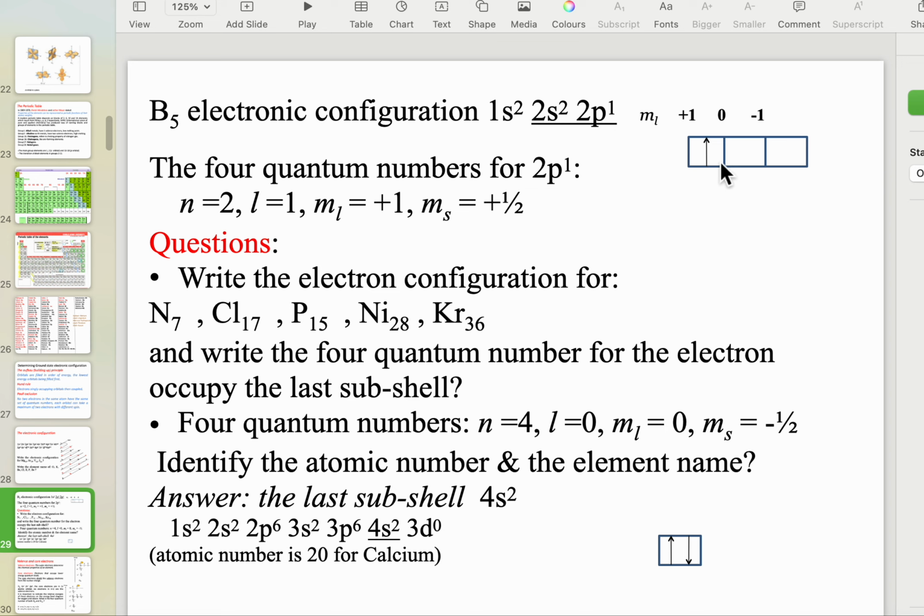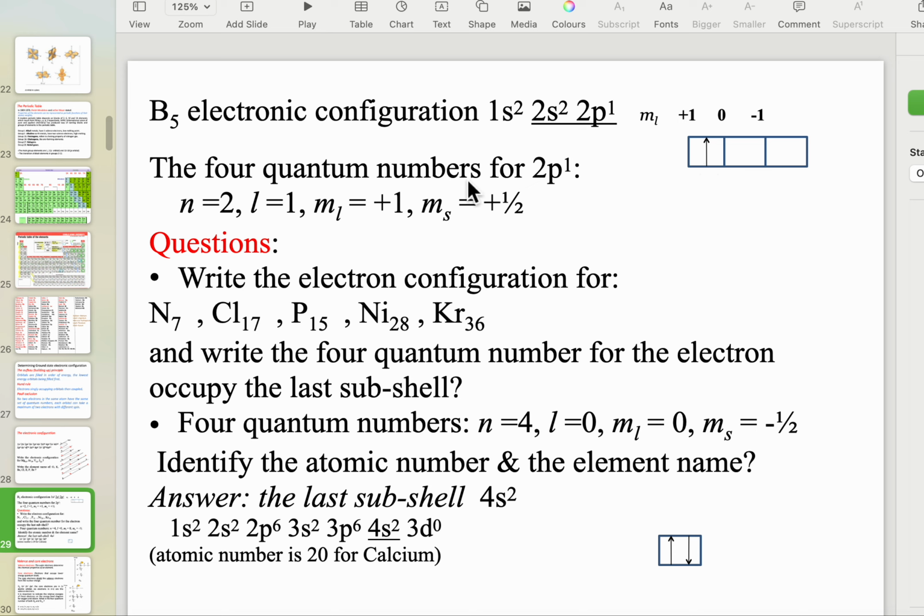This last electron is very important, because the inner electrons are shielded. Shielded means they don't show themselves. The electron at the higher energy level is the only one that determines most of the properties of the element.